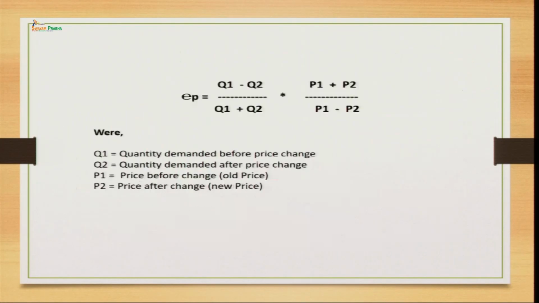So, this is how we represent the formula of the arc elasticity method. Earlier we only took the previous price and the previous quantity as the base when we calculated through the ratio or percentage method, but with the arc elasticity method we take the previous price and the new price, as well as the old quantity and the new quantity, as a base to represent the full arc, or the full elasticity between 2 points.